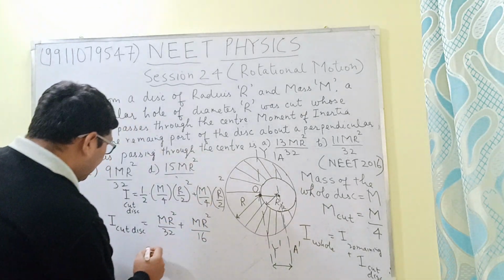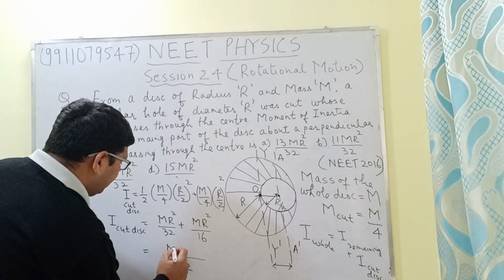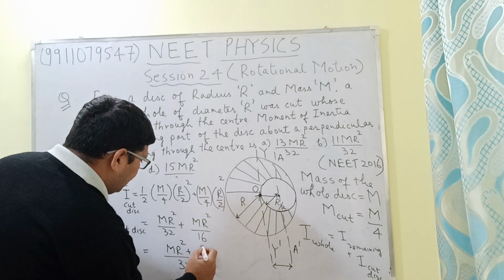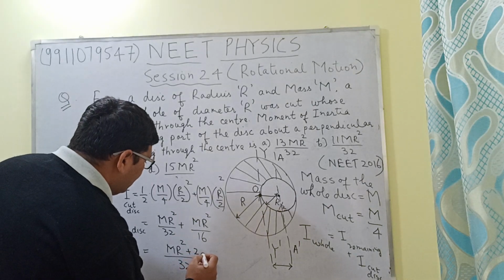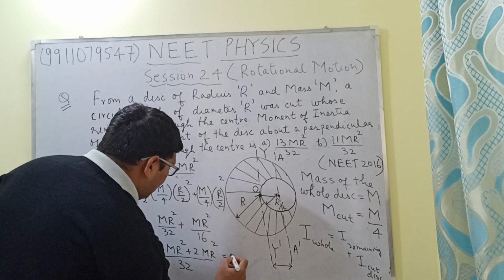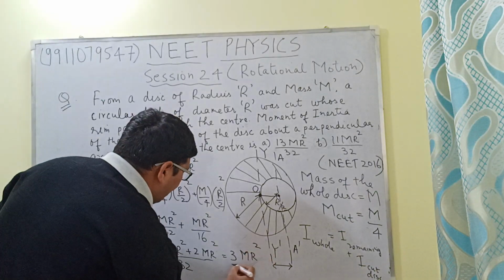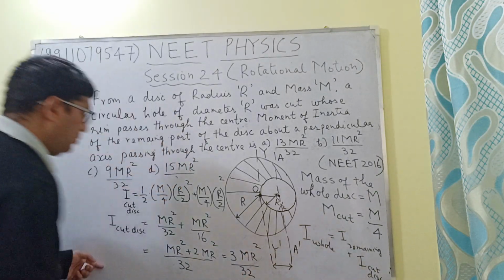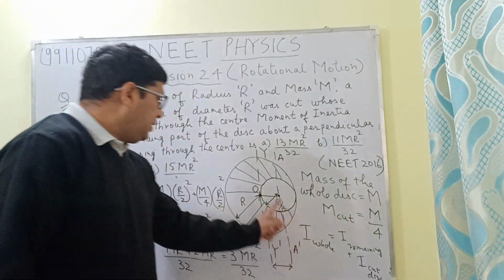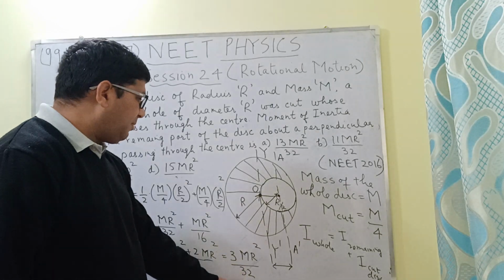Okay, so if I take the LCM as 32, this will be equal to (mr square plus 2 mr square) divided by 32. This is equal to 3 mr square divided by 32. So the moment of inertia of this cut disc is equal to 3 mr square divided by 32.